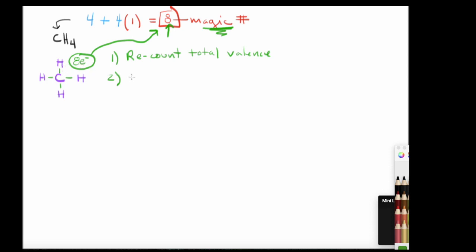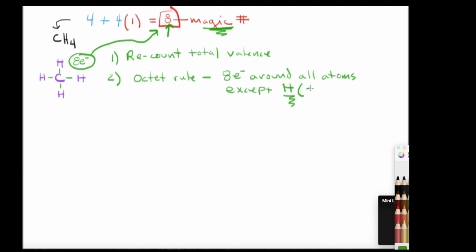The second test is called the octet rule. And what this says is that we need to have 8 electrons around all atoms except hydrogen.